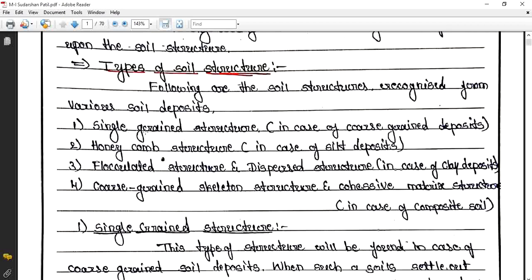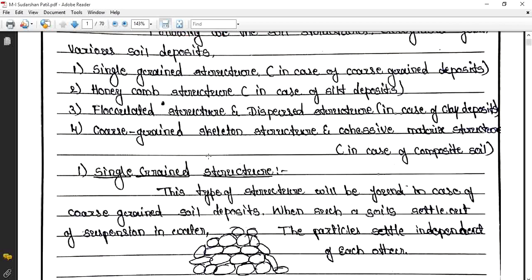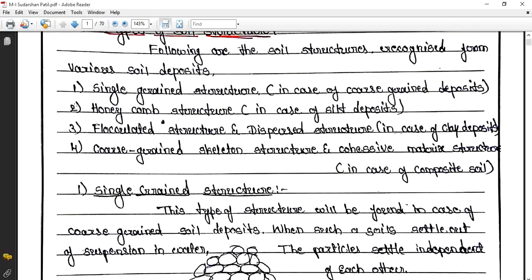So for fine grained soil, the first is single grained structure, second is honeycomb structure, third is flocculated structure and dispersed structure, and fourth is coarse grained skeleton structure and cohesive matrix structure. So these are the four recognized types of soil structure in fine grained soil.